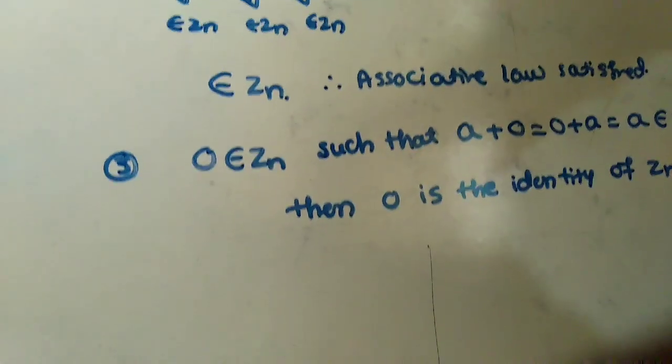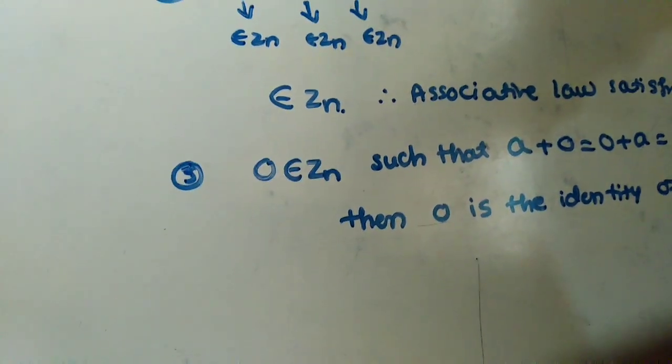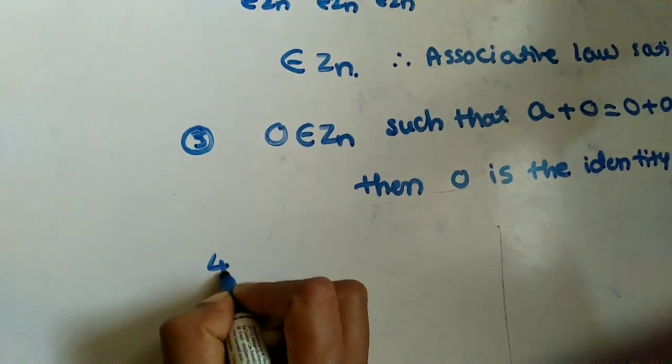So 0 is the identity of this Zn. Here the identity element is also satisfied.